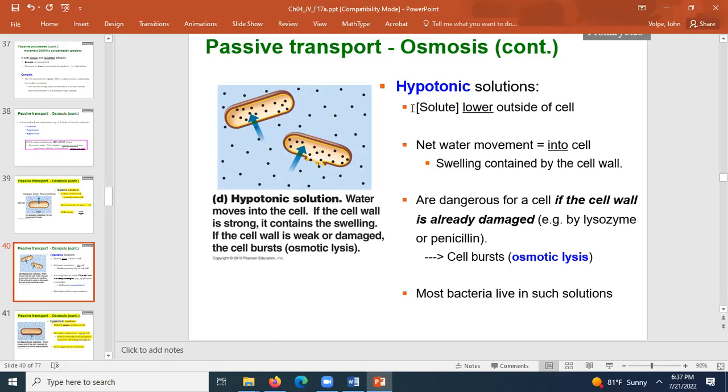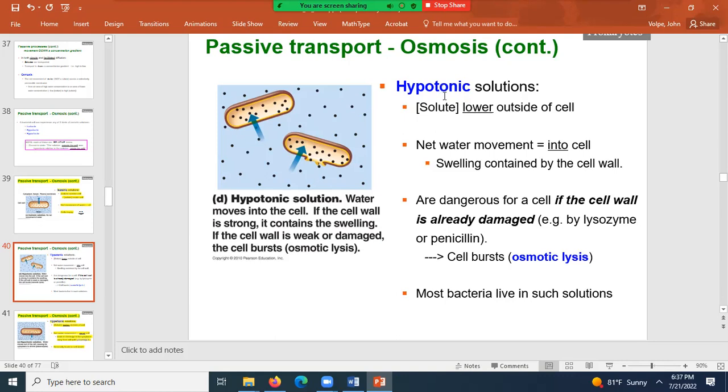And all animal cells in a hypotonic solution will die. But not bacteria or plant cells that have a cell wall. And that's why you can find algae and plants growing in water, because they have a cell wall that limits the movement of water into the cell in a hypotonic solution.